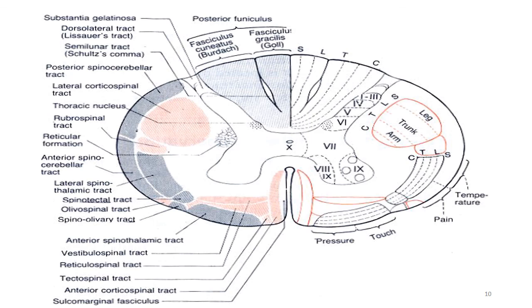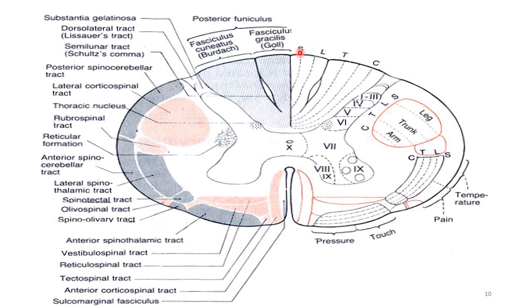This is a very good diagram. In this diagram it is visible that these are the sensory tracts, and in pink are the motor tracts. The dorsal horn is divided into 6 layers, then 7th, 8th, 9th, and 10th. Here it is written sacral region, lateral, thoracic, cervical.